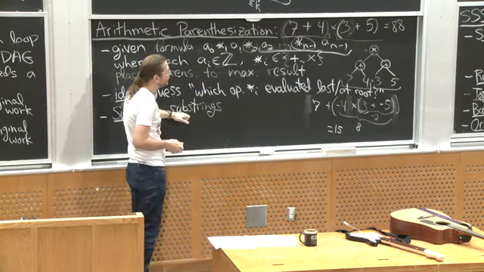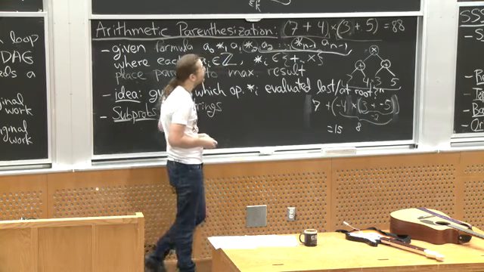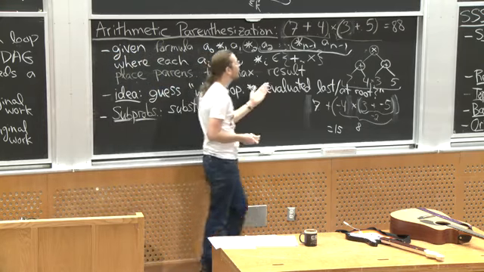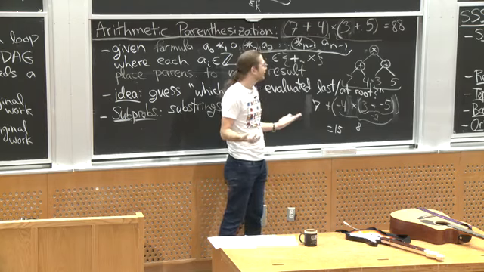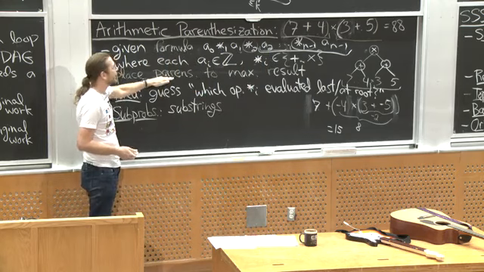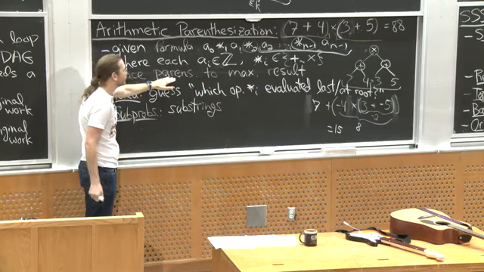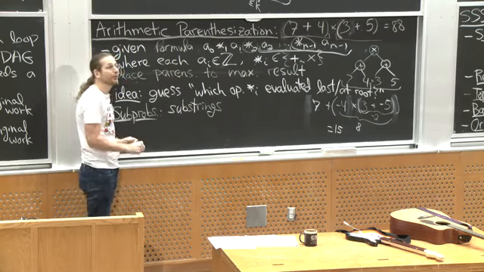Okay, so this seems tricky. We want to work on substrings, but we don't know whether we're trying to maximize, or you might think, well, maybe I'm trying to maximize the absolute value, but that's not good. Maybe overall, on this entire expression, I get negative 1,000,000, and that's not what I wanted. I wanted to maximize the sum. So I still need to solve the max evaluation, the max parenthesization, but I also need to solve the min parenthesization.